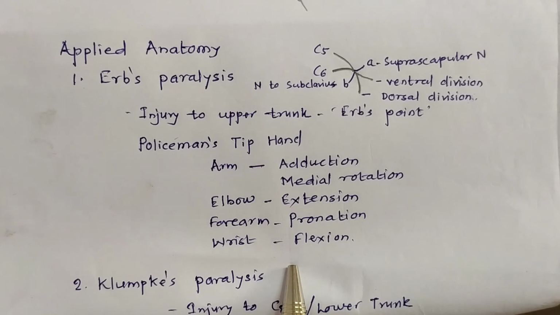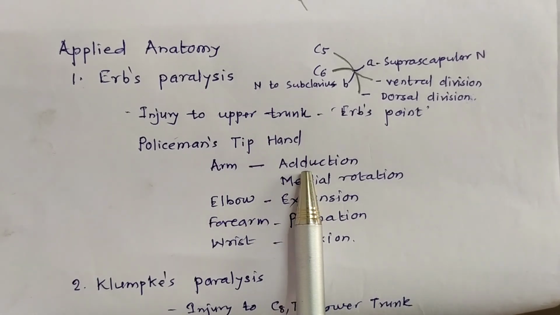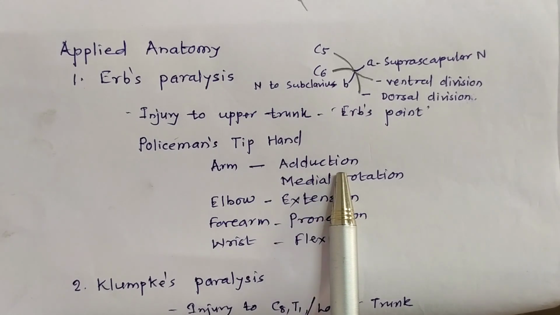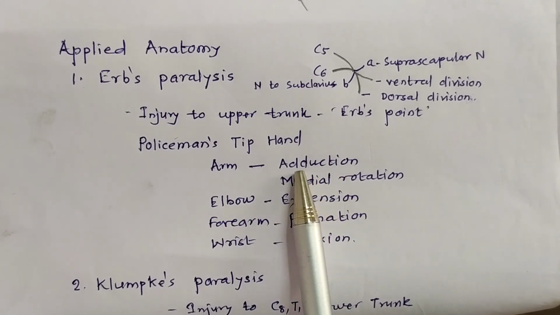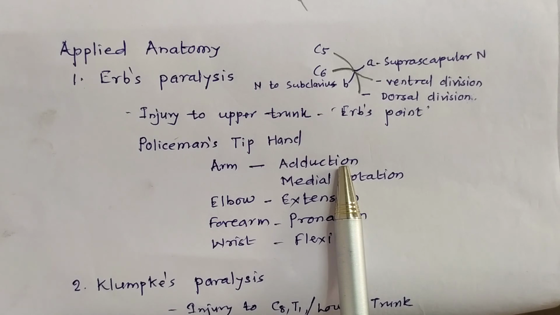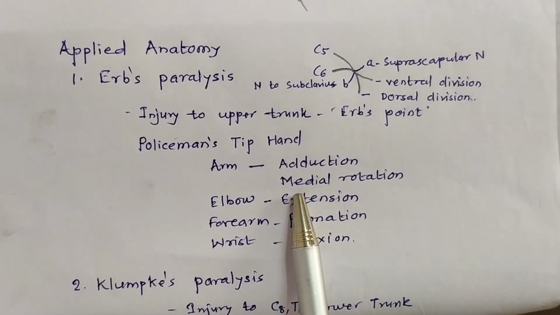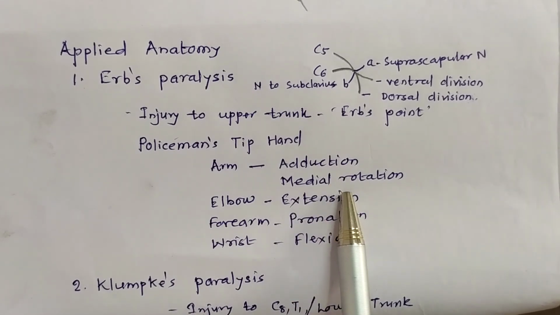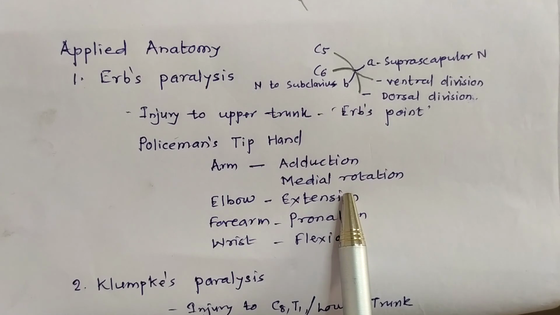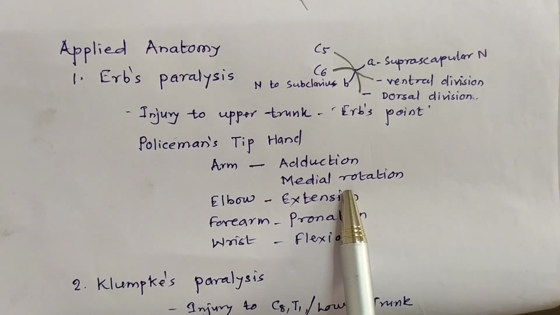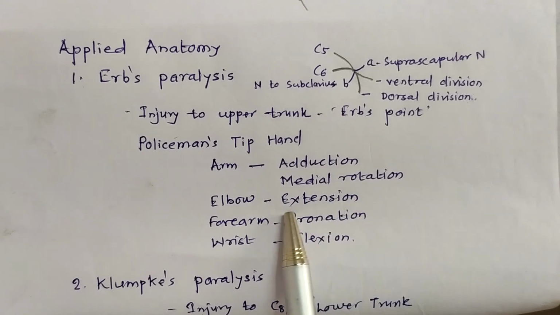Now this position occurs because the muscles producing opposite movements are paralyzed, means abductors are paralyzed. The supraspinatus muscle, deltoid muscle, they are paralyzed. There is medial rotation of humerus arm because lateral rotators are paralyzed, means the infraspinatus, teres minor are paralyzed.